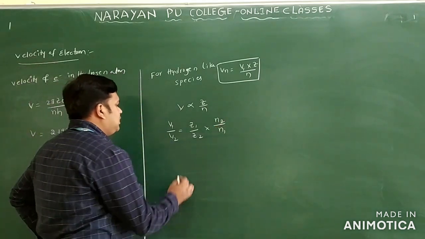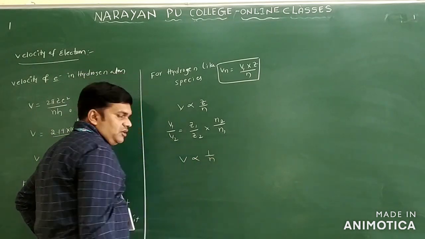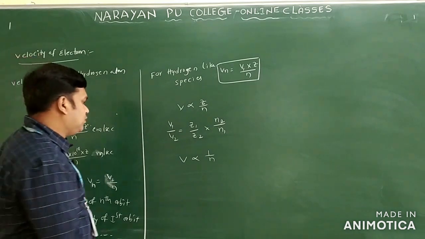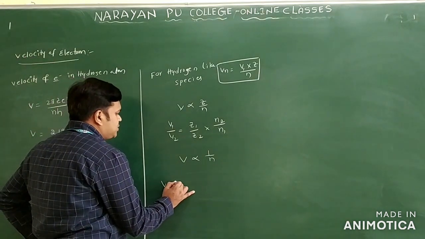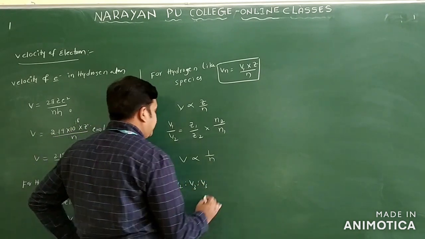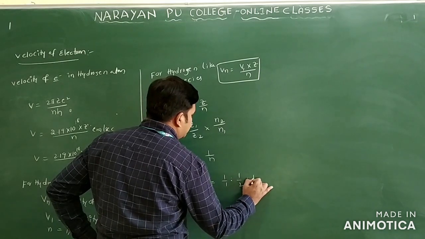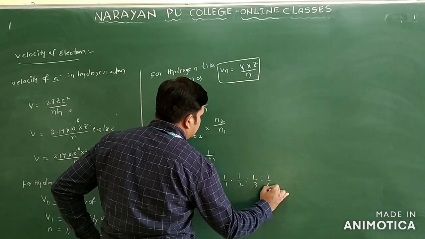Clear? So this is one of the formulas, and you can take only velocity versus n. V is inversely proportional to 1 by n. V1 is to V2 is to V3 is to V4 is 1 is to 1 by 2 is to 1 by 3 is to 1 by 4.